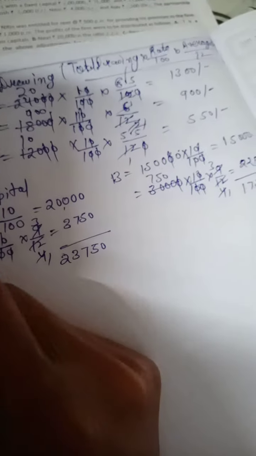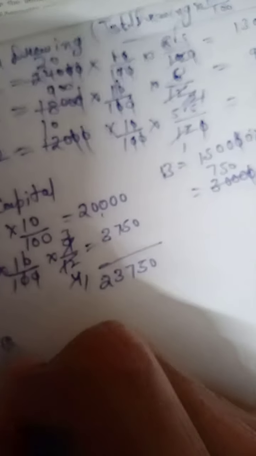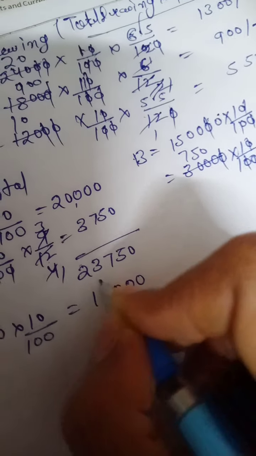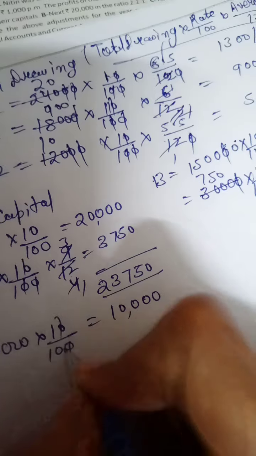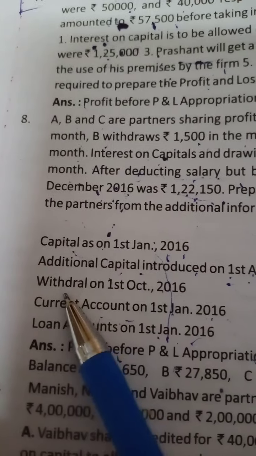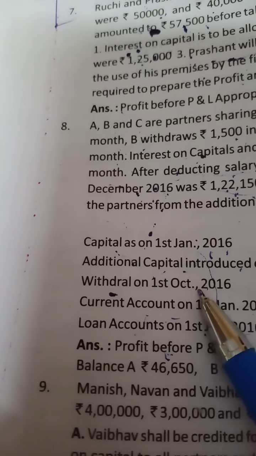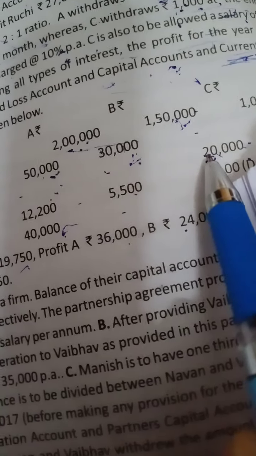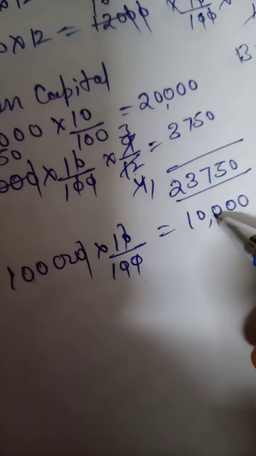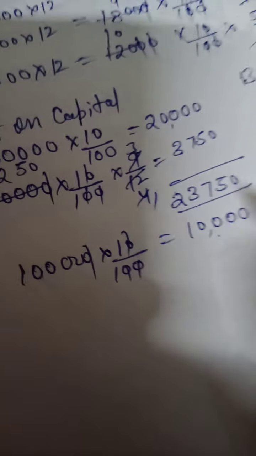Last is C. C's opening capital is 1 lakh. Then 1 lakh into 10% equals 10,000. C did not introduce additional capital; rather, C withdrew 20,000 on 1st October. So we calculate interest on withdrawal and deduct it from the 10,000.